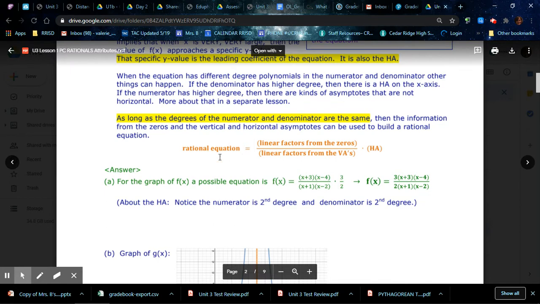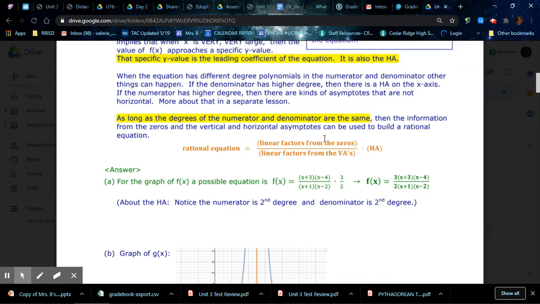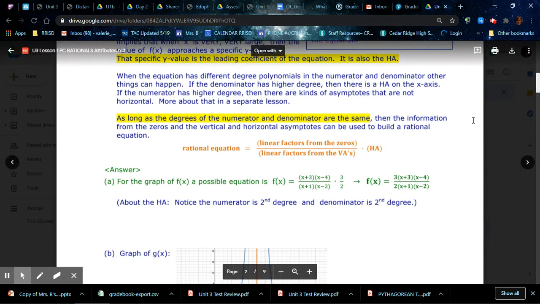So here's your equation. You get the linear factors from your zeros on the graph, the x-intercepts. Then you get the linear factors from the vertical asymptotes. Those go on the denominator.